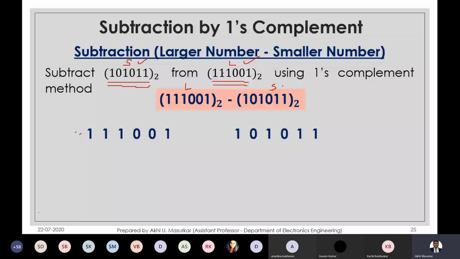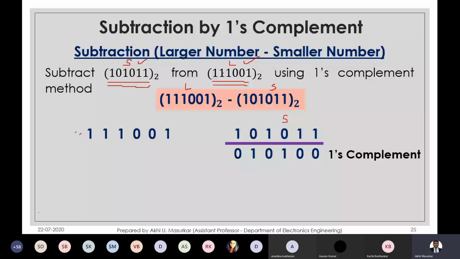So what do you mean by take complement of the smaller number? This is the smaller number, so I took complement of it. 1 is becoming 0, 1 is becoming 0, again 0, 1, 1, 0, 0, 1, 1, 0. Wherever there is 1, I am replacing it by 0.